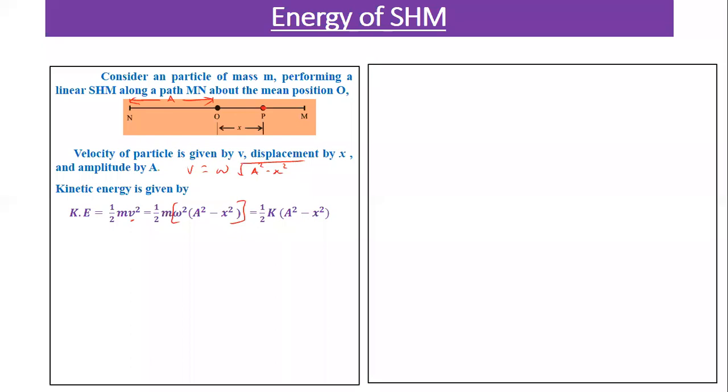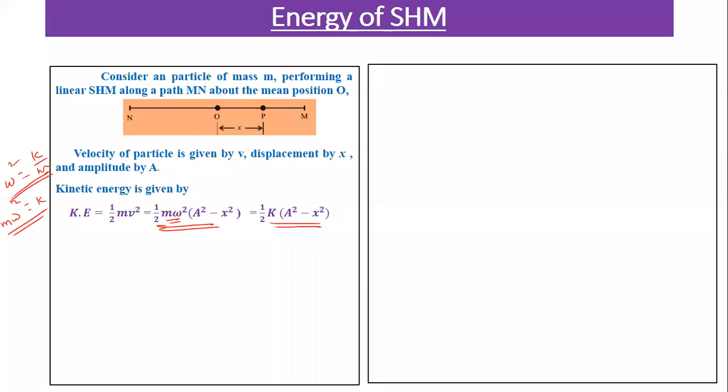But we already learned one formula, the formula of omega: omega square is k by m. In the beginning we learned this formula. So m omega square is equal to k, and instead of m omega square we can substitute k. You should remember both formulas for kinetic energy.